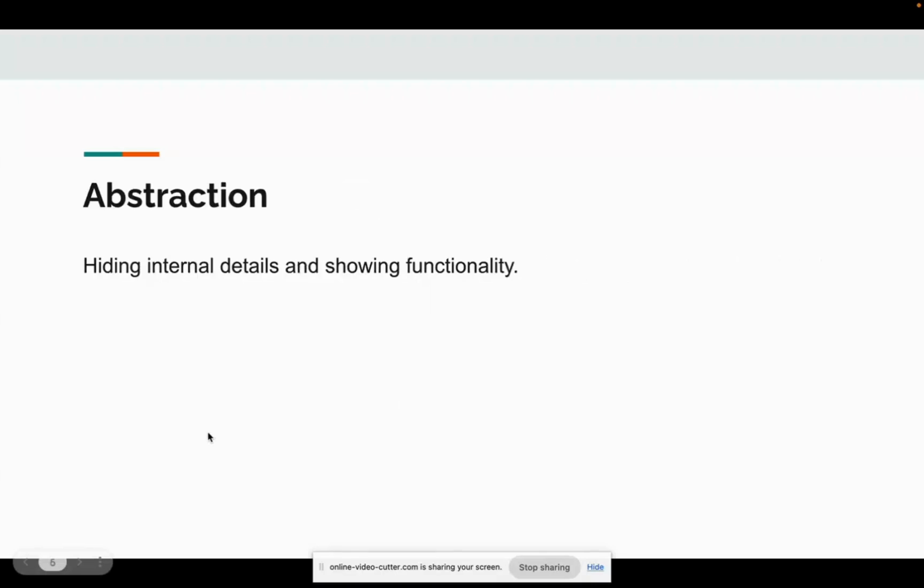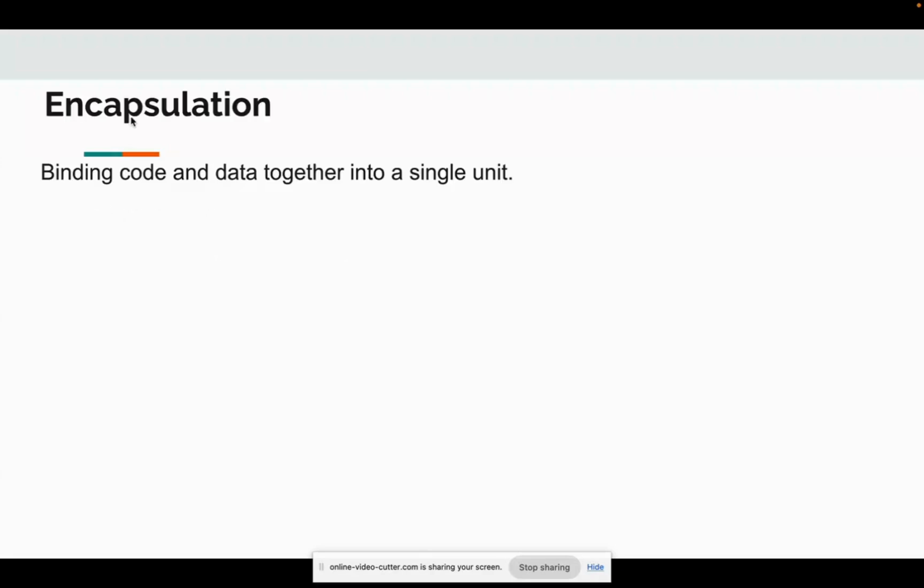Abstraction is hiding internal details and showing functionality. I remember most interviewers like to ask me what's the difference between the interface and the abstract class, so you also need to prepare. What's the difference? An abstract class has the abstract keyword. Now here is encapsulation. It's binding code and data together into a single unit.